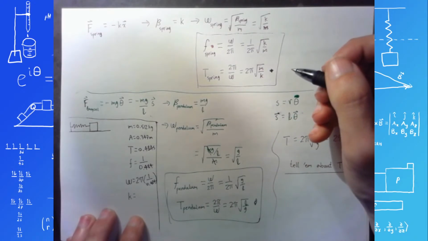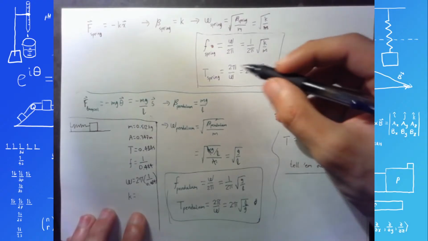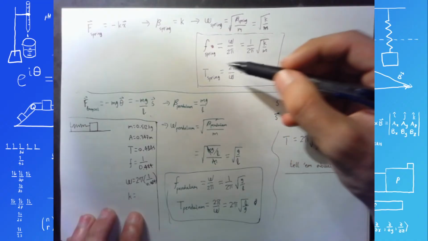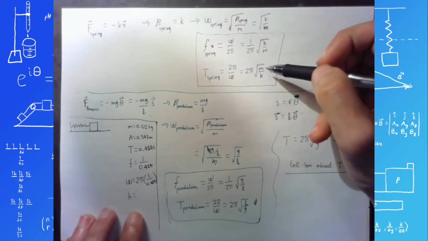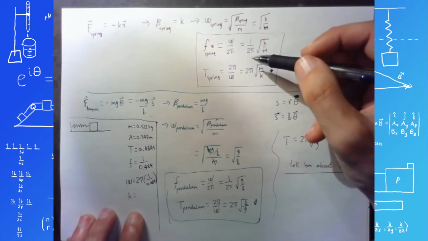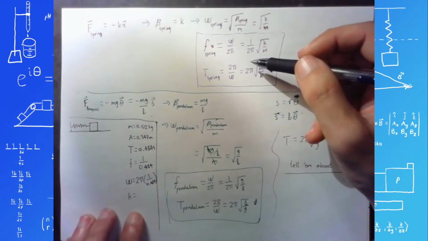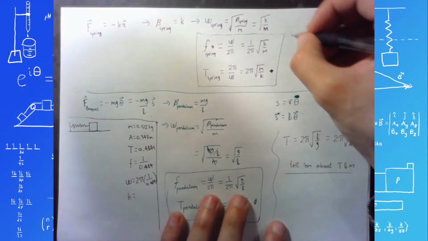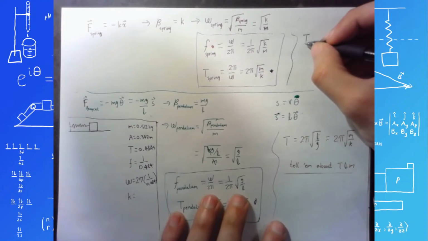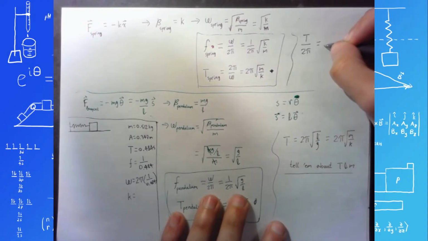So let's see. I'll just use the period equation. So I would do 0.484 equals 2 pi square root m over k. Divide by 2 pi, square both sides, cross multiply. Okay, I'll actually do this one. So it would be t over 2 pi equals square root m over k.